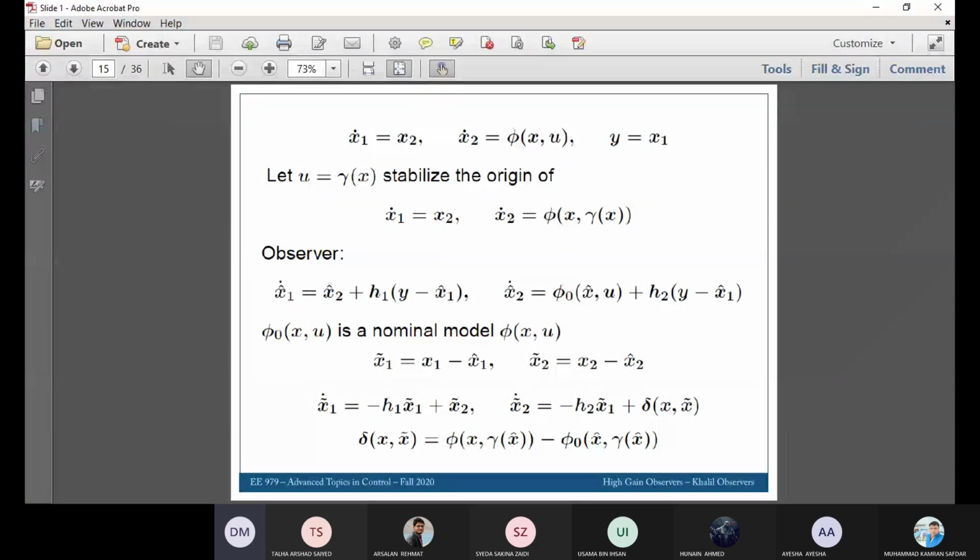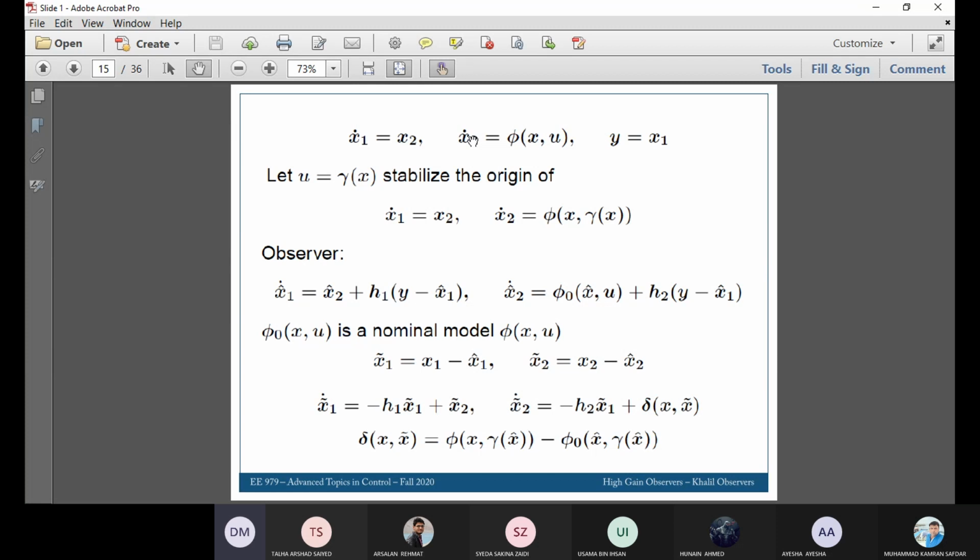Okay, so let us just formulate the first equation. First equation of the observer is x1 hat dot equal to x2 hat, as that appears in the actual state equation. And then we add here the error term, which drives the estimation error to 0. We'll see it in a short while.